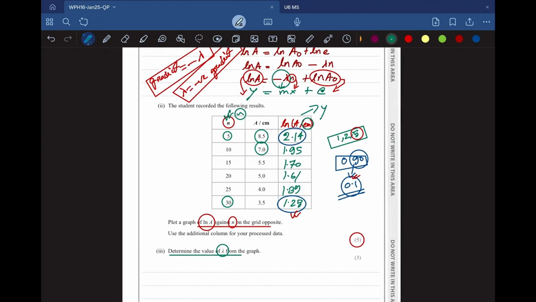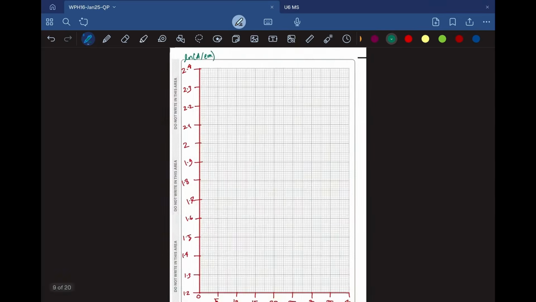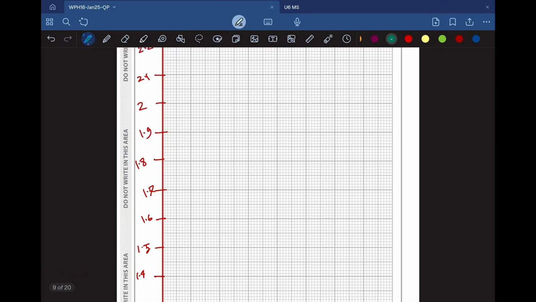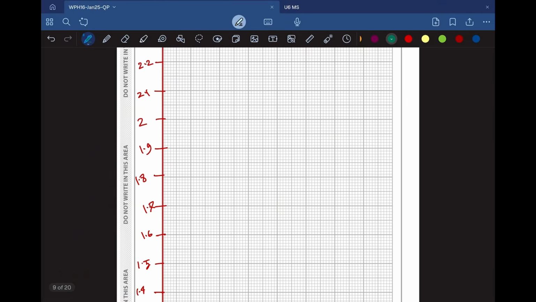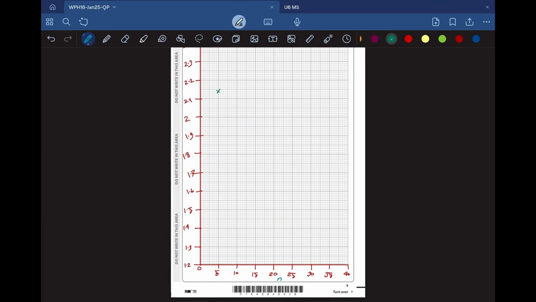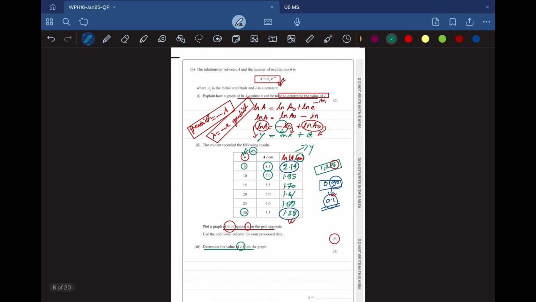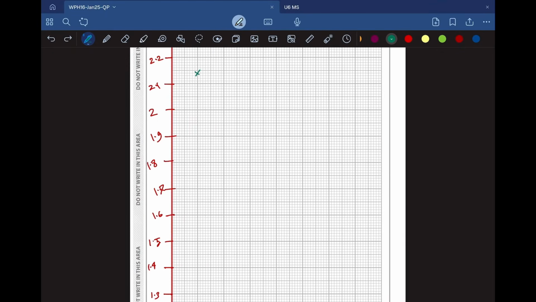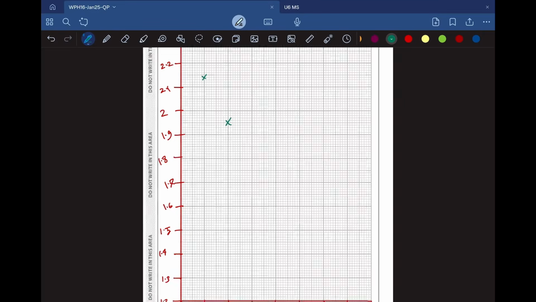Now for 5 it's 2.14. So basically my 5 is here and 2.14 is going to be somewhere right here. Now the next point is 10 and 1.95. This is my 10 and 1.95 is going to be somewhere right here.